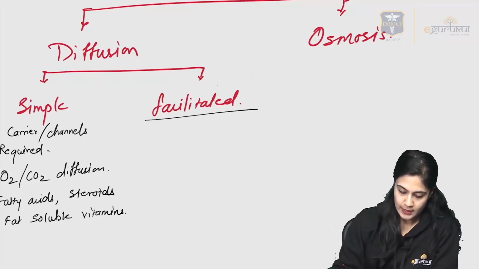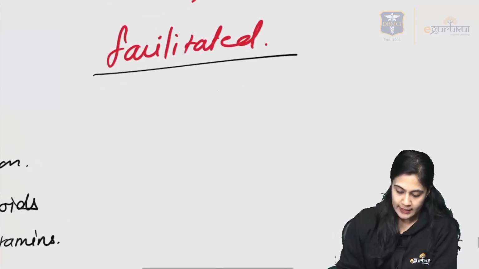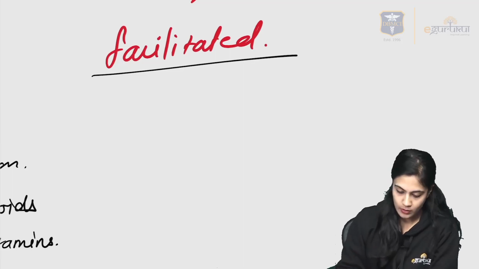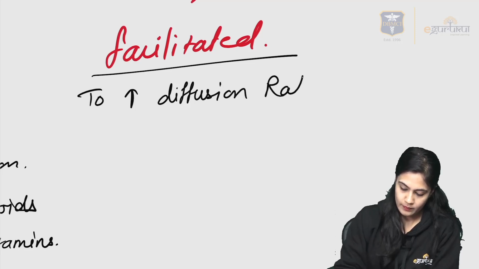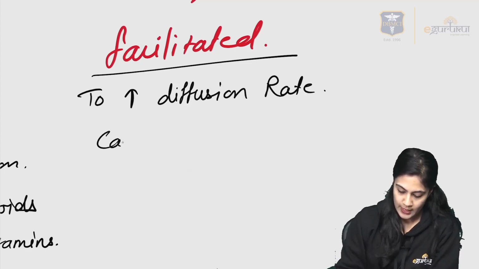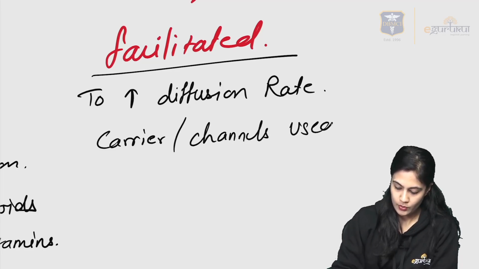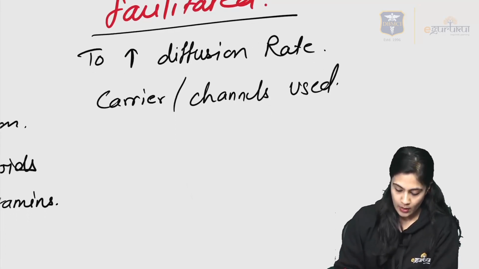Moving on to facilitated diffusion. Why is it known as facilitated? Facilitating means enhancing something. So write down, to increase the diffusion rate, the carriers or the channels are used. For what?